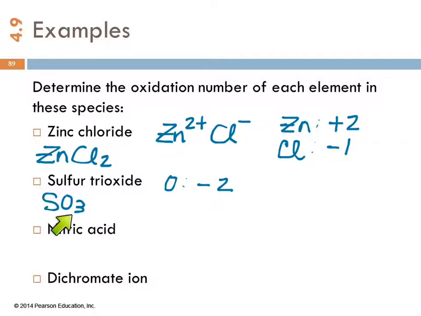So here we've got 3 oxygens, and they each have an oxidation number of -2. So that gives us a total of -6, right? This is like figuring out charges on ions, but these aren't charges. So that's -6, and these have to add up to 0, so the sulfur must be +6.